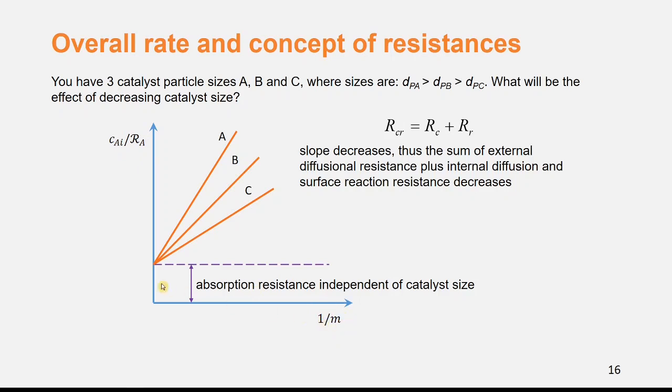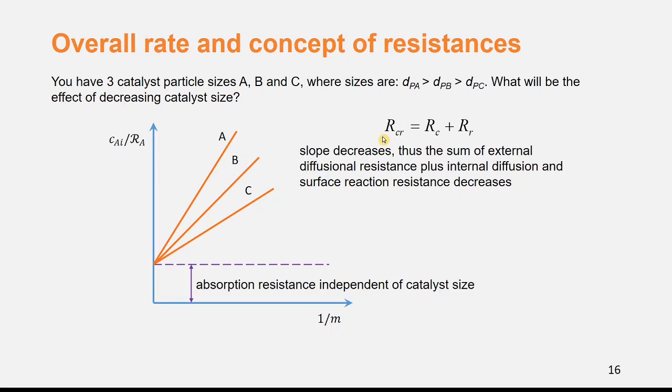So you get 3 different slopes, 1 for A, 1 for B, and 1 for C. What does this tell you about the combined resistance, RCR, for each of the catalyst sizes? Pause the video now and have a think about it.